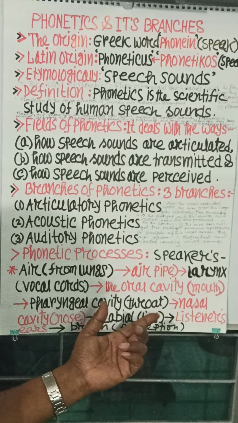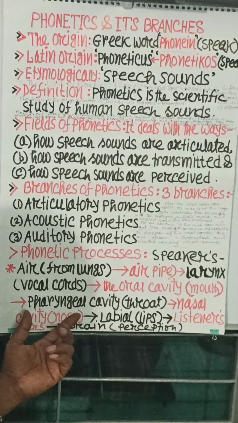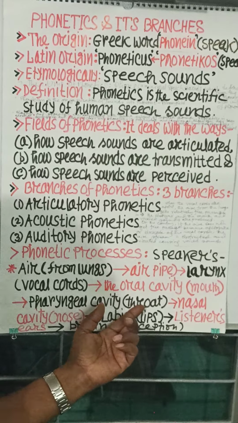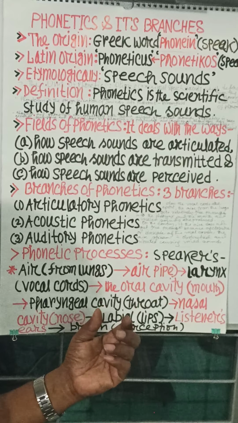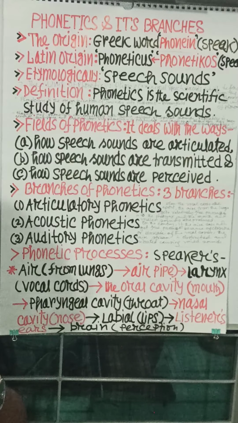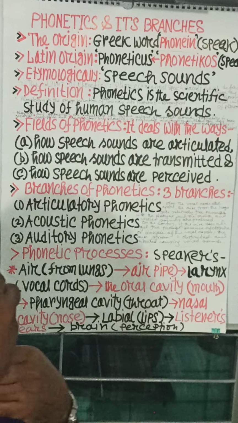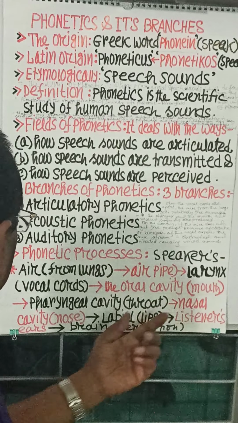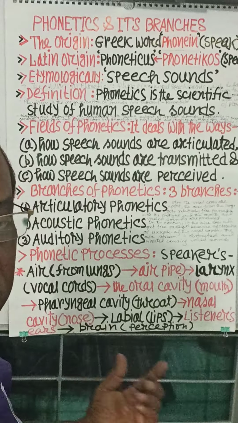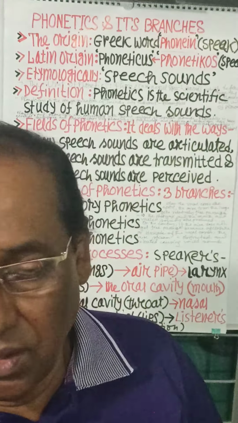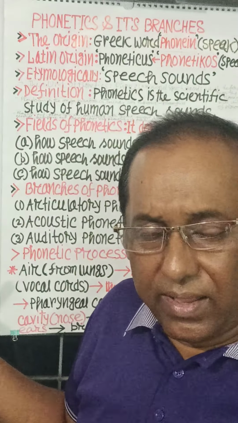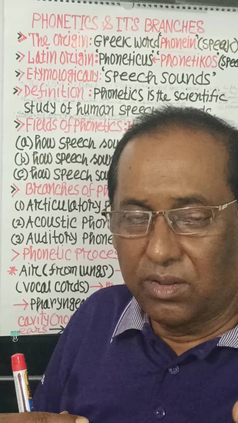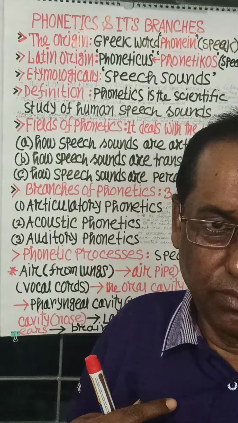And there is also the pharyngeal cavity that lies in our throat. So from the throat, sounds come into our mouth. And then there is the nasal cavity, that is nose. And at last, the produced sounds are transmitted through our lips, right?